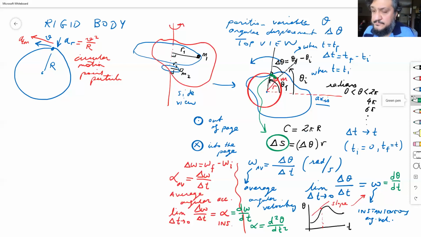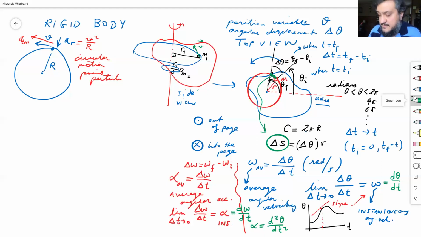Now, let's go back to this picture here, the first one, the side view of rotational motion. So where is the linear velocity vector for m1, let's say? If the spinning is counterclockwise, looking from the top, this means there is a velocity vector that I'm showing here with green that points this way.